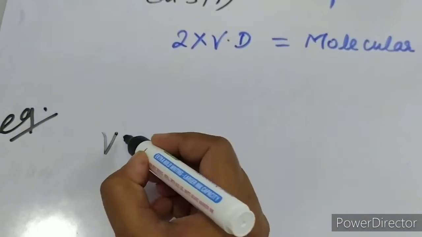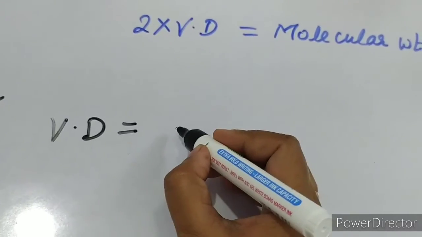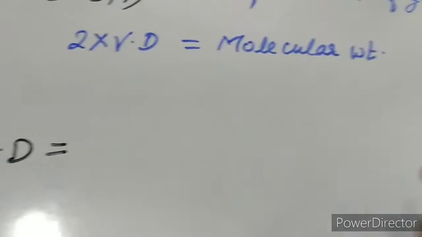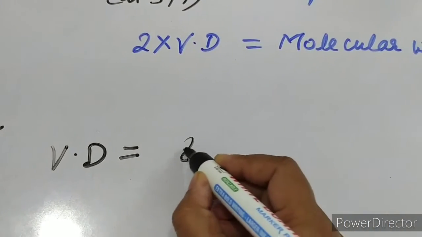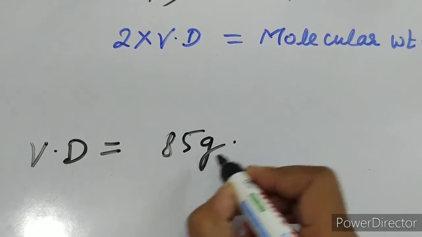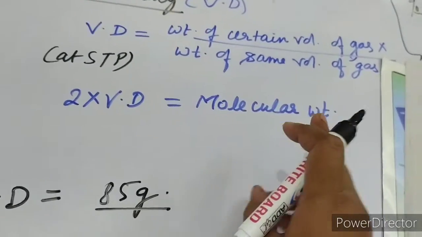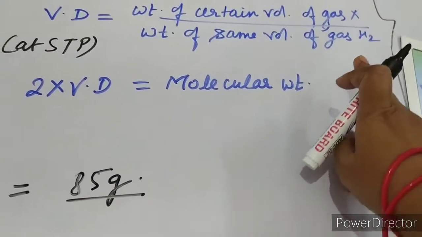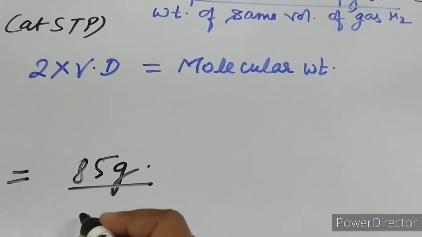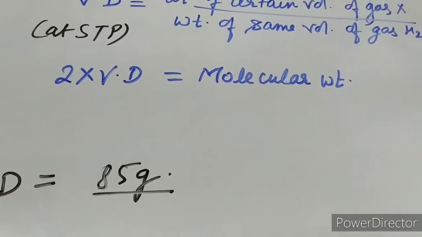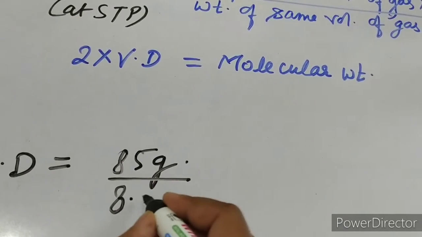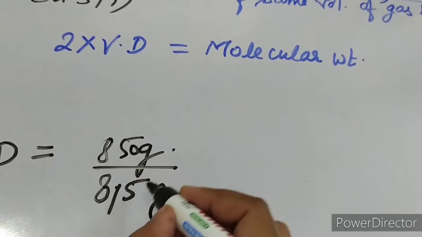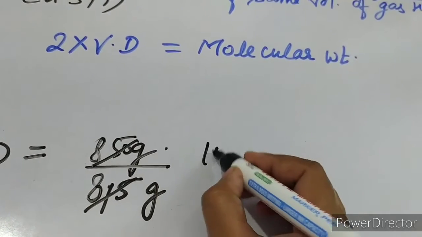So we'll write: vapor density is equal to the weight of the volume of gas X, that is 85 gram, given in the question, divided by the weight of the same volume of hydrogen gas, because the hydrogen has been filled in the same cylinder, and the weight has been given as 8.5 gram.